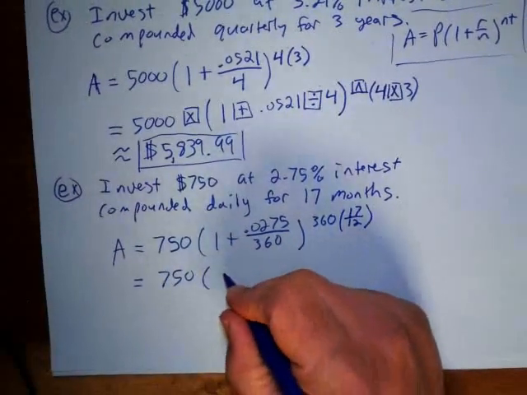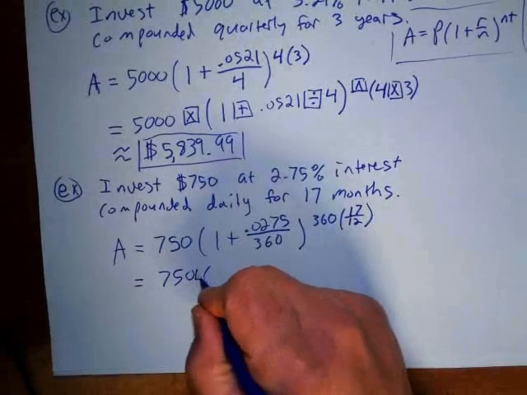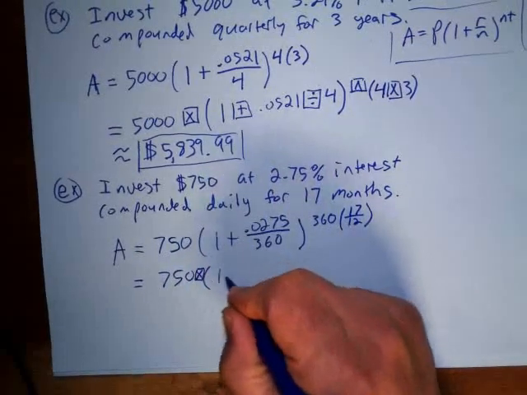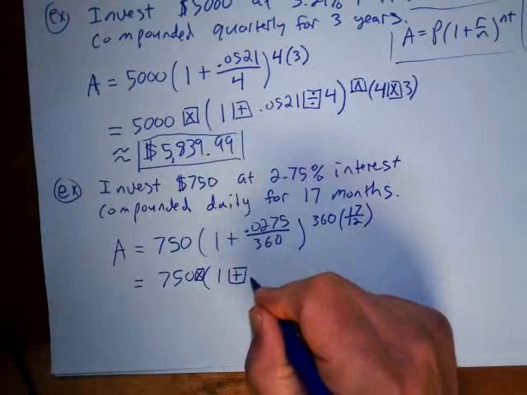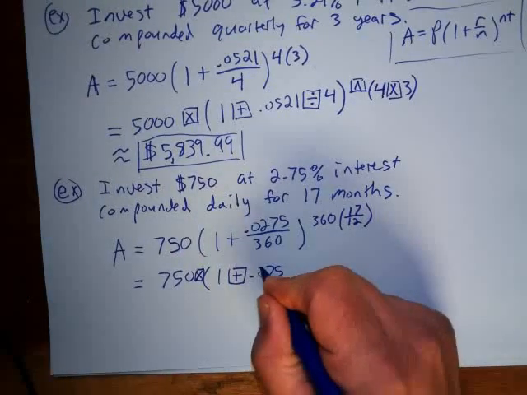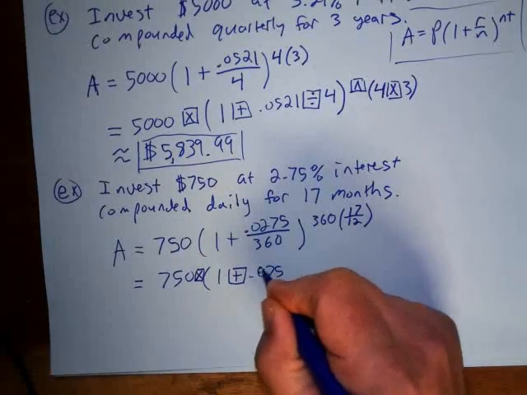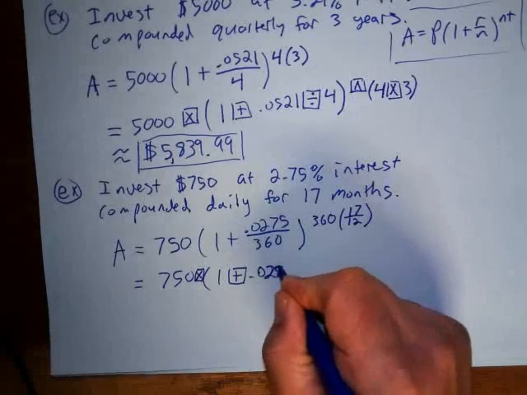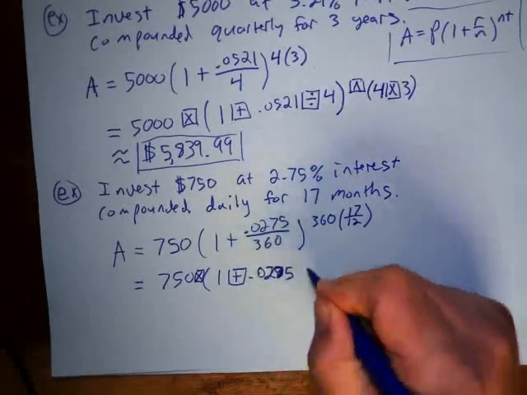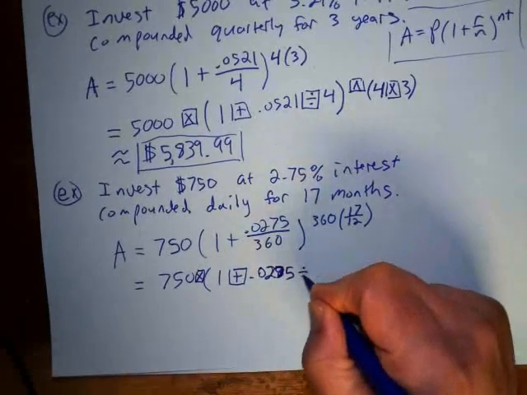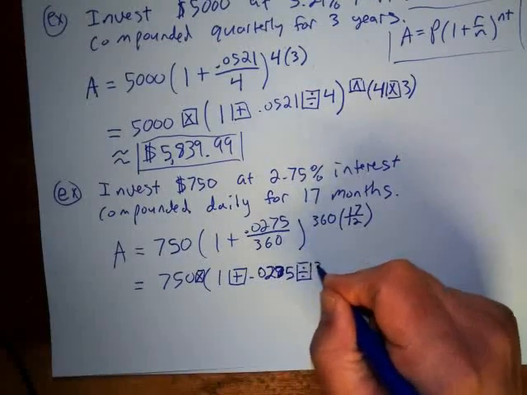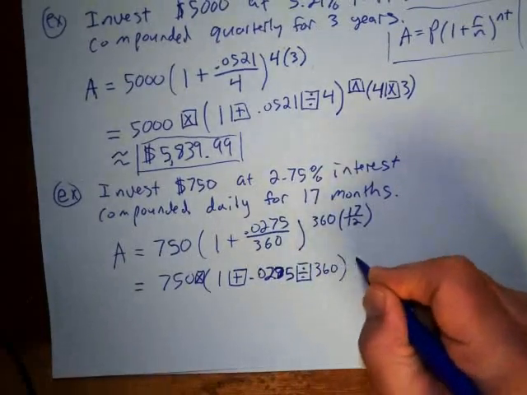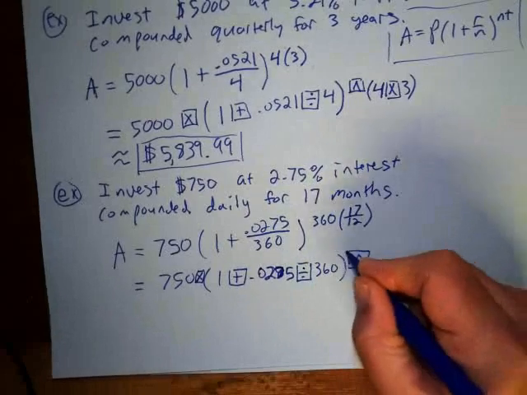I got to do 750 times 1 plus 0.075, I'm sorry, 0.0275 divided by 360, and then my exponent key.